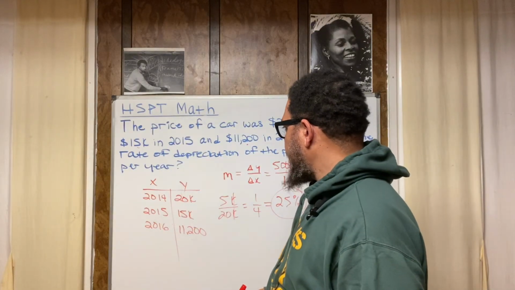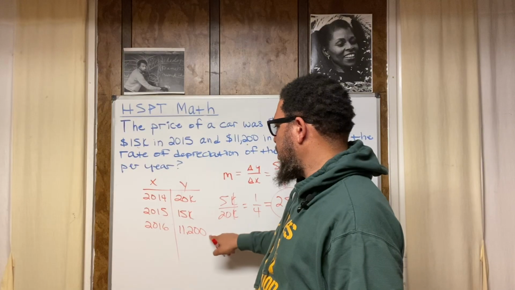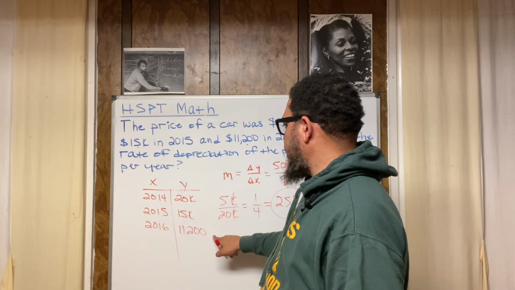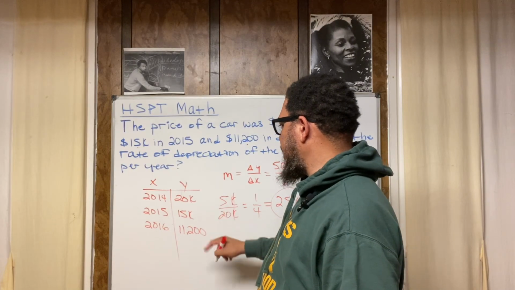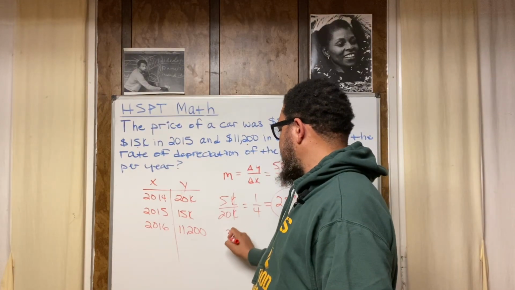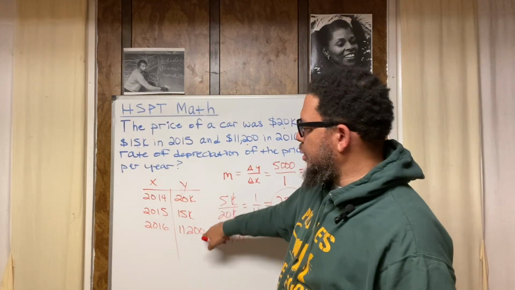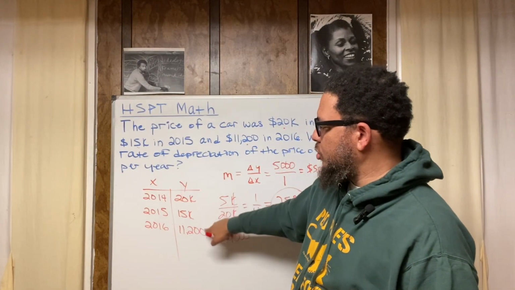So let's say we do 15,000 minus 11,200, right? So 15,000 minus 11,200 is going to be 3,800, right? And then we're going to say, okay, this is the difference between the cost in these 2 years, right?